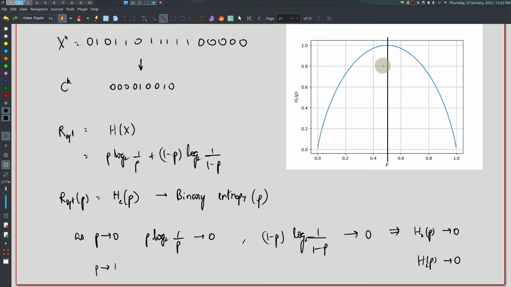If you look around, it's a mirror image at P equal to half, and that can be easily seen from this particular expression. So basically P is the distance from 0, and 1 minus P is basically the distance from 1, the distance from the right hand side.